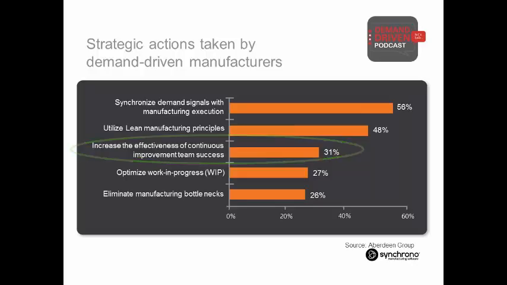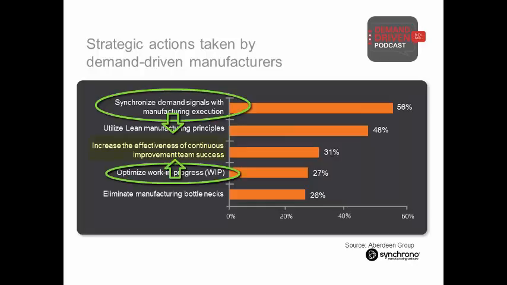One is synchronizing demand signals with manufacturing execution, or I'd call that enabling pull, and optimizing work in progress, or your WIP, to make sure that it's the right amount of work in process on the floor and make sure that it's the right work in process on the floor.